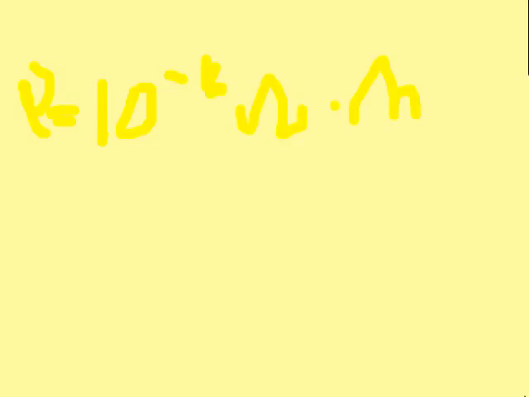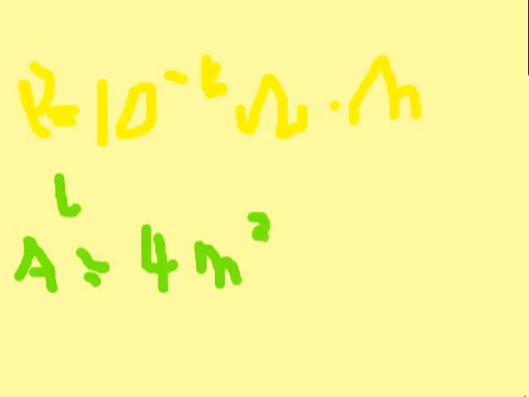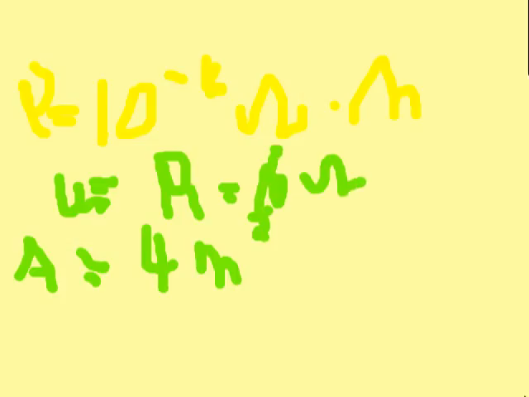And then let's say it had an area of 4 meters squared. No, wait. Let's say it had a resistance of 6 ohms. What would its length be? I'll give you some time to solve this.